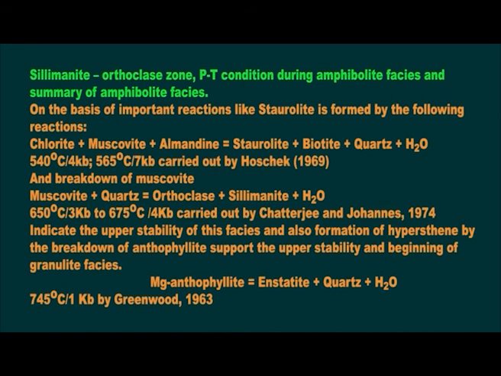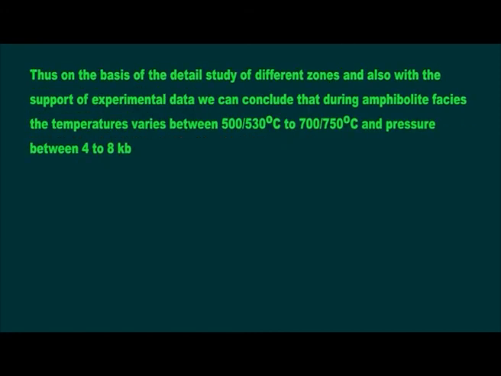Mg anthophyllite give rise to enstatite plus quartz plus water, 745 degree centigrade 1 kilobar by Greenwood 1963. Thus, on the basis of the detailed study of different zones and also with the support of experimental data, we can conclude that during amphibolite facies, the temperature varies between 500 to 550 degree centigrade to 750 degree centigrade and pressure between 4 to 8 kilobar.